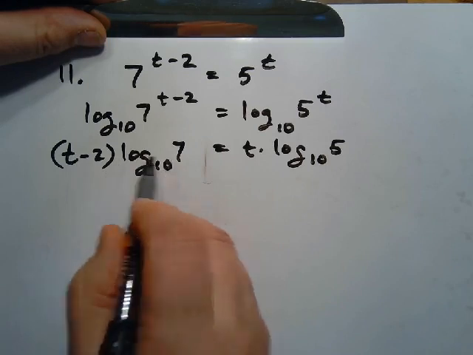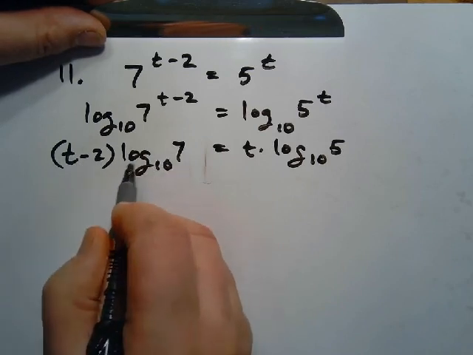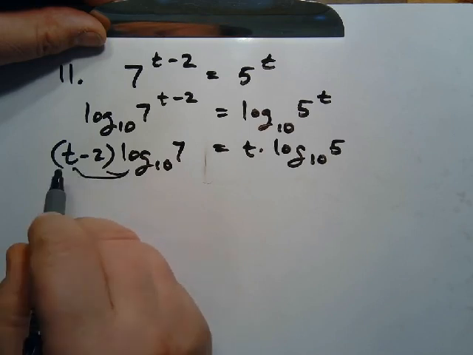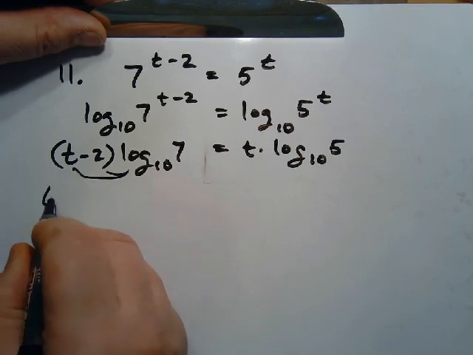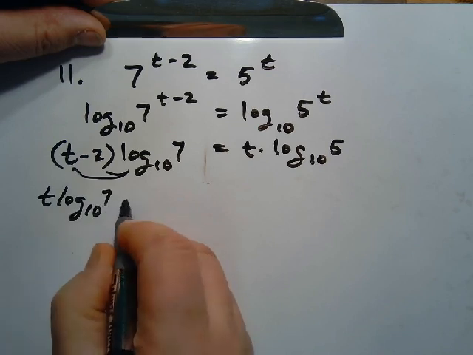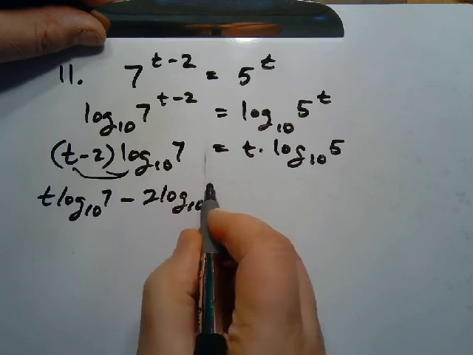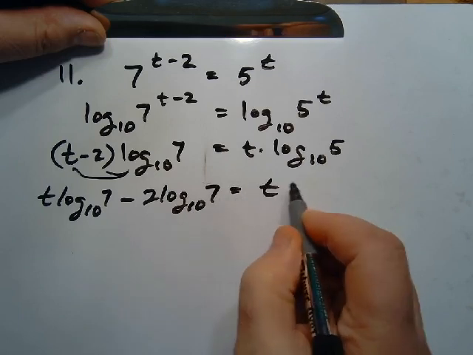It's not intuitive, but we're going to need to distribute this in here. This log base 10 of 7 is going to have to get distributed into both of these items. So here we go, t times log base 10 of 7 minus 2 times log base 10 of 7, and then we'll bring the other side down.